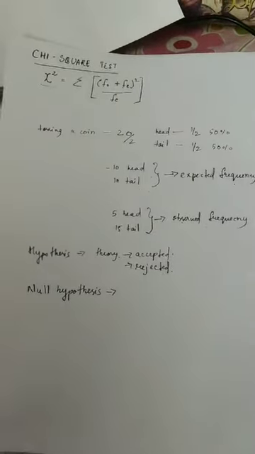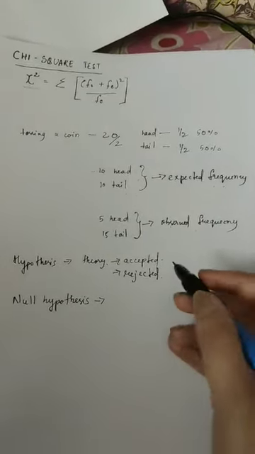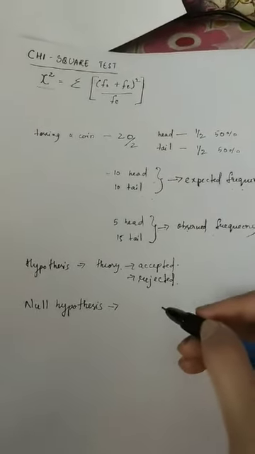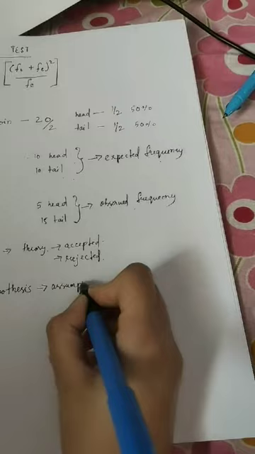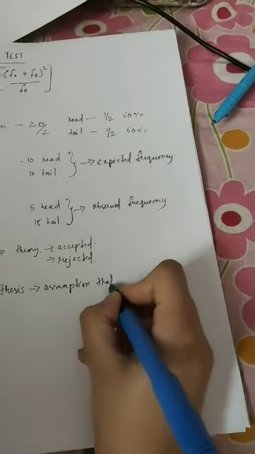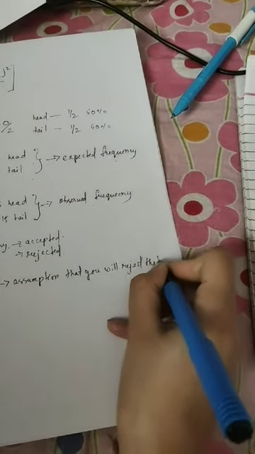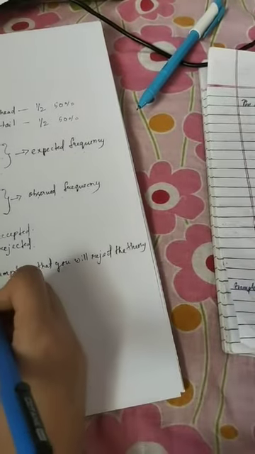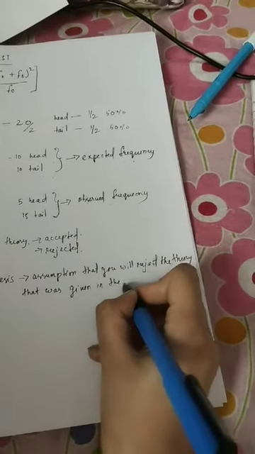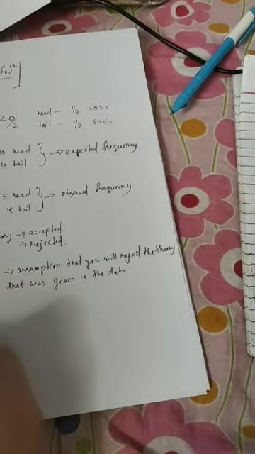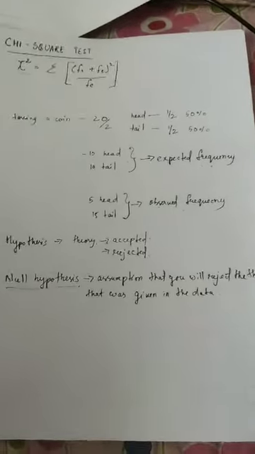The null hypothesis is the assumption that the theory given in the data is rejected.